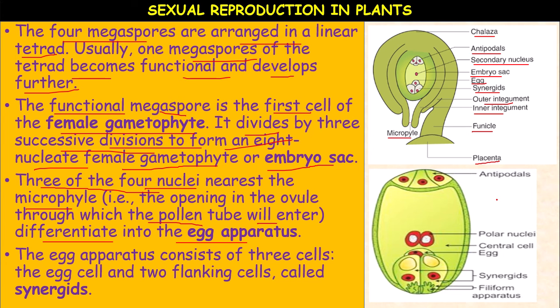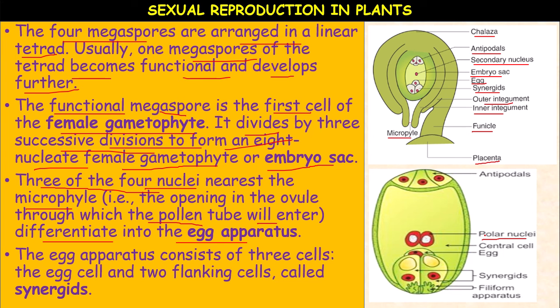In this embryo sac, one nucleus from each pole migrates to the center of the embryo sac to form 2 polar nuclei, which further fuse to form a diploid secondary nucleus. These are the polar nuclei.